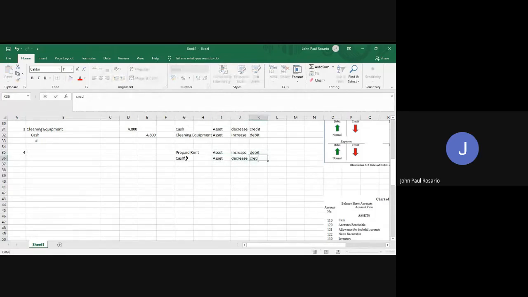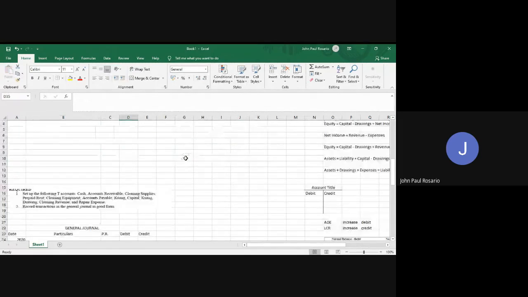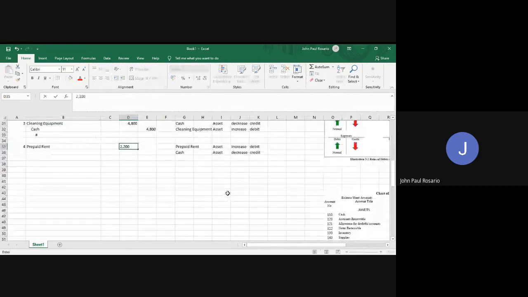So with that, we enter prepaid rent amounting to 2,200, and credit cash 2,200. Explanation: to record the advance payment for lease on van.